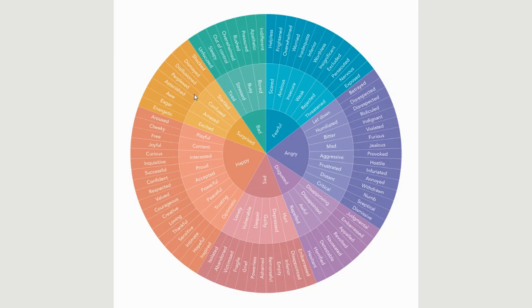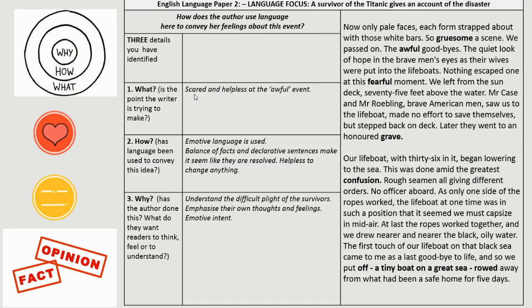What is the purpose of the writing? How are they feeling? You might say disgusted. I don't think that's the best choice. I don't think they are disgusted. I think sad is probably your best rate, or fearful. They were frightened. How do I know that? When emotive language is used. And again, the balance of facts and declarative sentences.